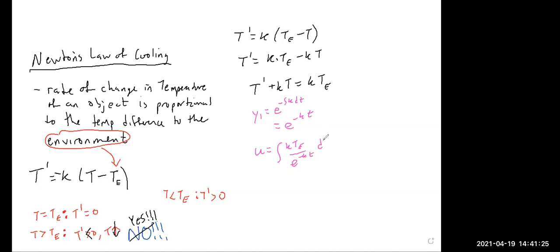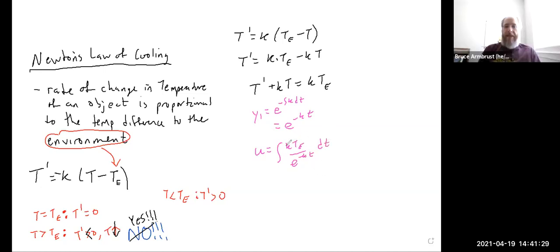Okay. All right, so the K and the TE, those are constants, so you're going to bring those out. So KTE times the integral of e to the KT. Cool, well, that's just going to give us e to the KT plus C. The K's canceled here from U substitution.